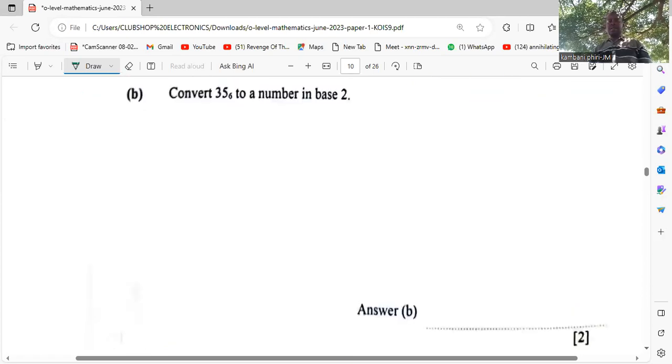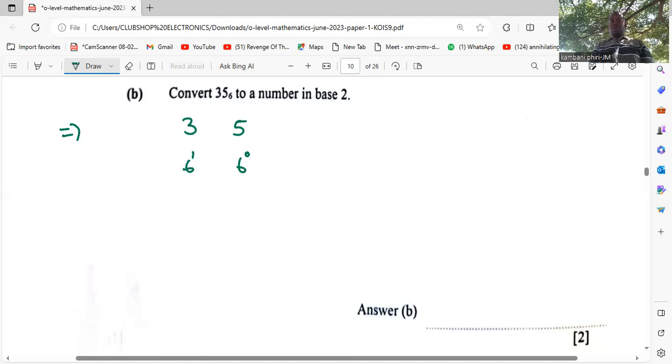Part B: convert 35 base 6 to a number in base 2. So we are converting from one base to another. We can convert this first to base 10, then from base 10 to base 2. We have 3, 5. Since it is base 6, this is 6 to the power 0, 6 to the power 1.